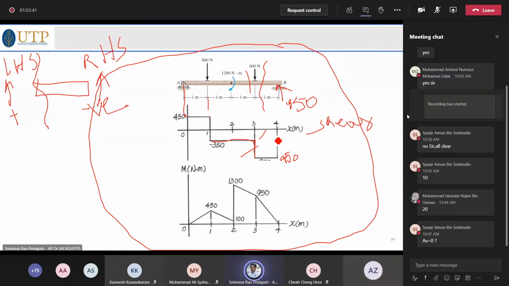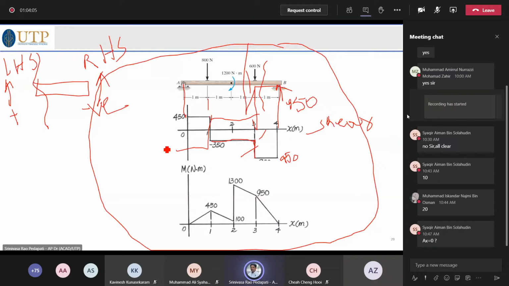When you take the right hand side, suppose, as you said, upwards is positive, then you can draw 950 like this. But when you consider 950 minus 600, that is 350, so you should draw like this. And when you come here, adding another 800 means it will come down.